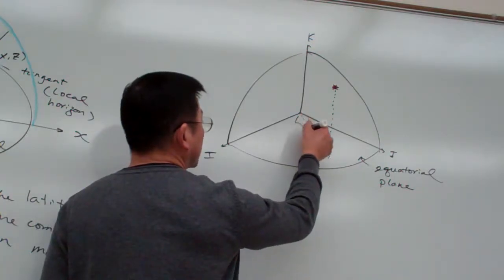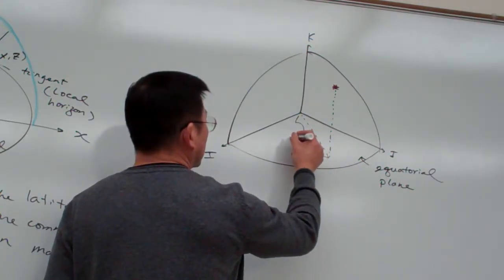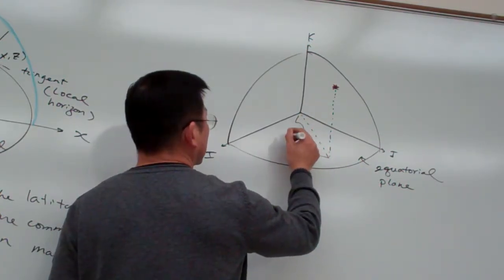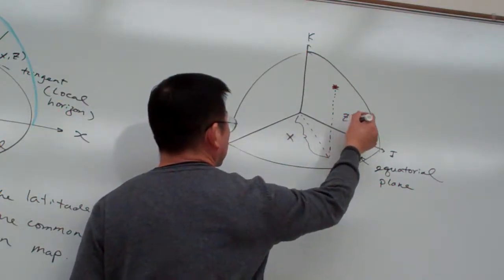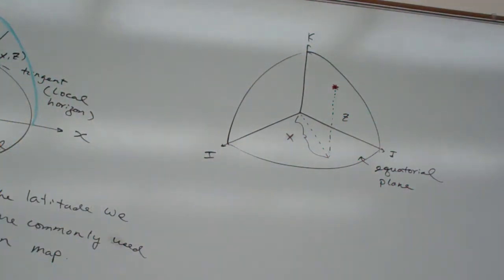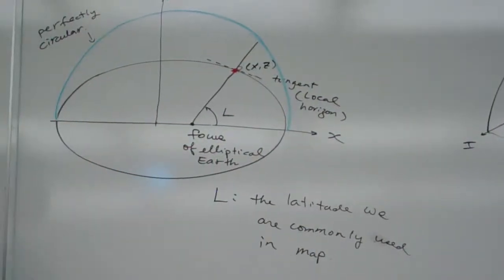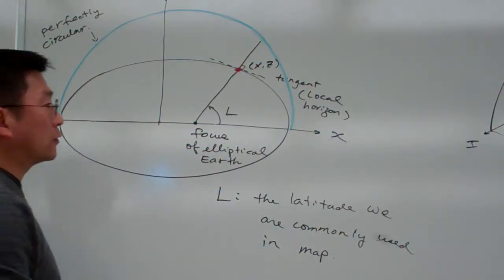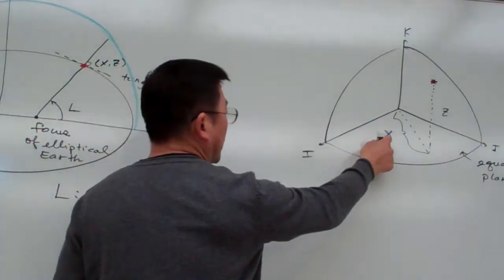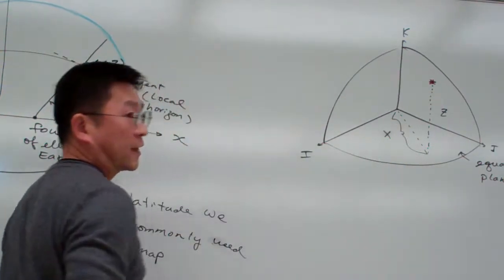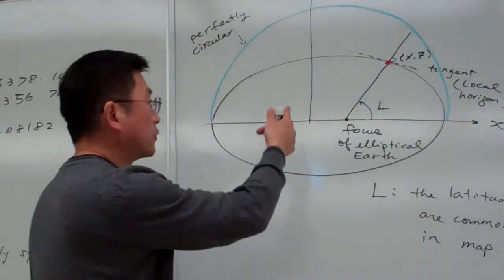So basically this distance is X and the vertical distance is Z. That is a 3D view, and this is the cross-sectional view. Later on we will further decompose the X component into I and J. So keep this in mind. Right now we're working on this one.